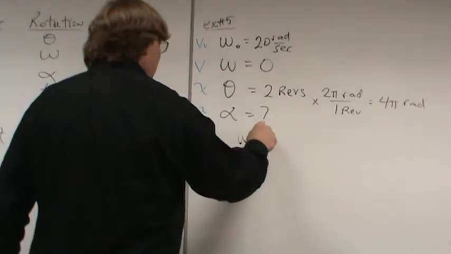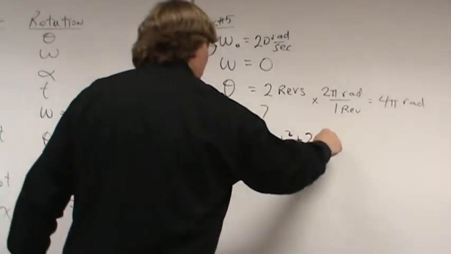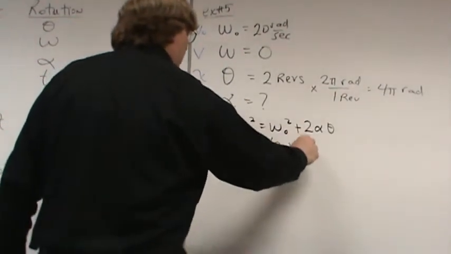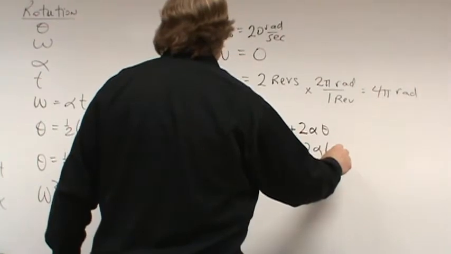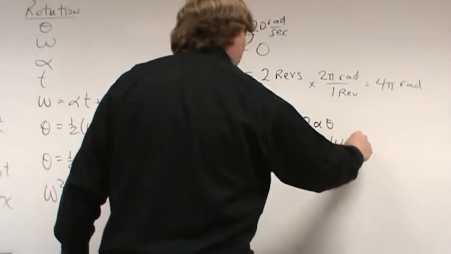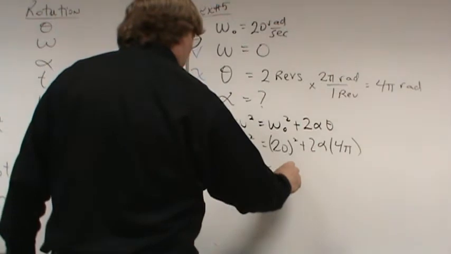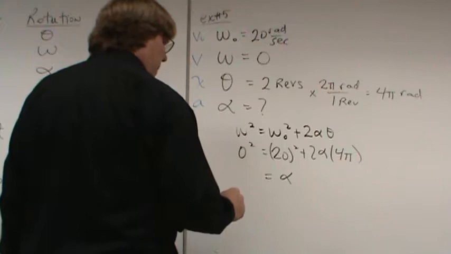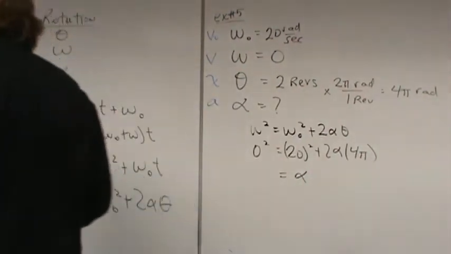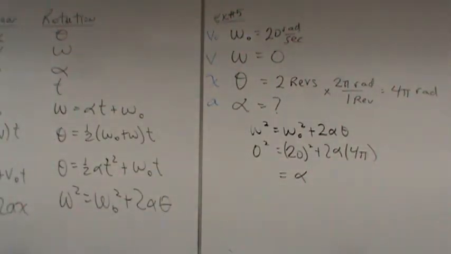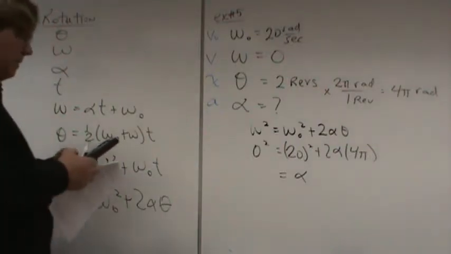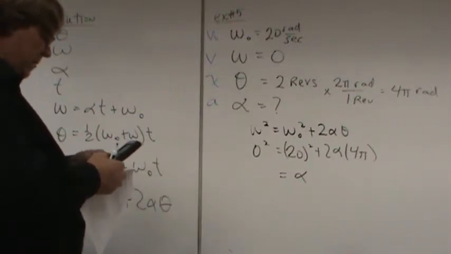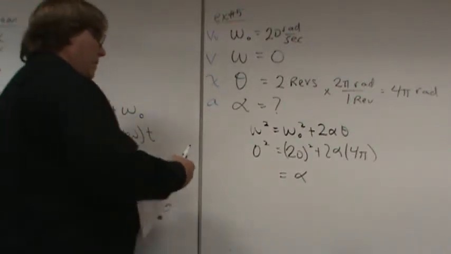But anyway, I got omega squared equals omega naught squared plus 2 alpha theta. So 0 squared equals 20 squared plus 2 times alpha times 4 pi. And so I get alpha equaling 400 divided by 8 pi, which is 15.9.